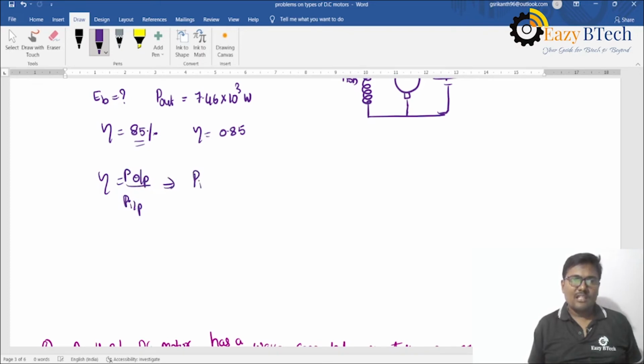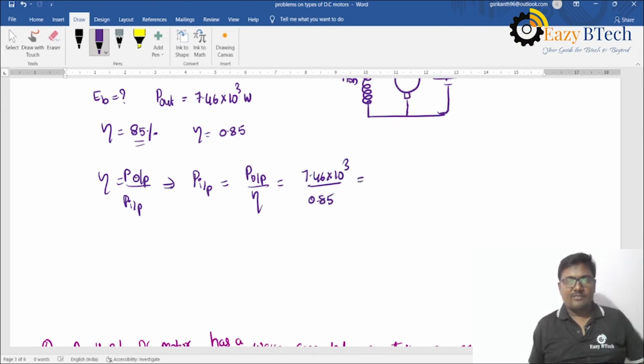So from this you can calculate the input power is equal to output power divided by efficiency: 7.46 into 10 to the power of 3 divided by 0.85. 7.46 divided by 0.85, I got it as 8.7766 kilowatts. This is the input power.